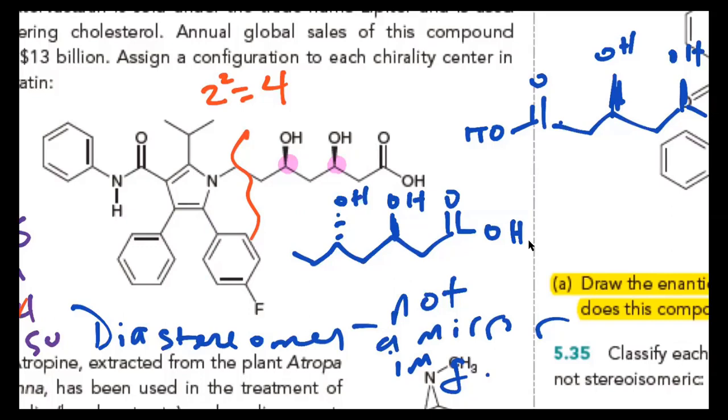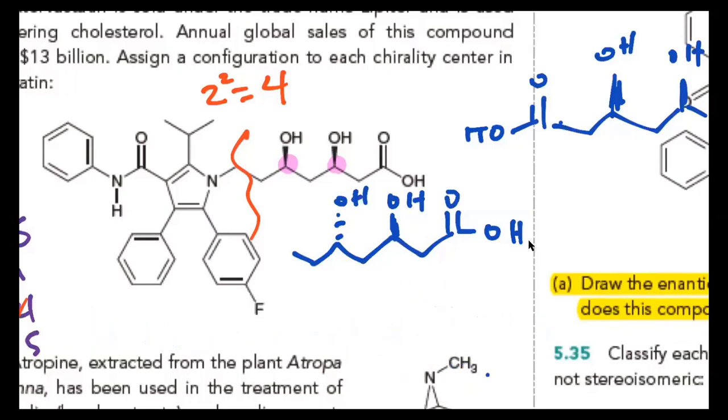All right, so what is the other diastereomer going to look like? It's gonna be the same, opposite. The first OH will be a wedge, and then the second will be dashed. So we're going to change the other OH.